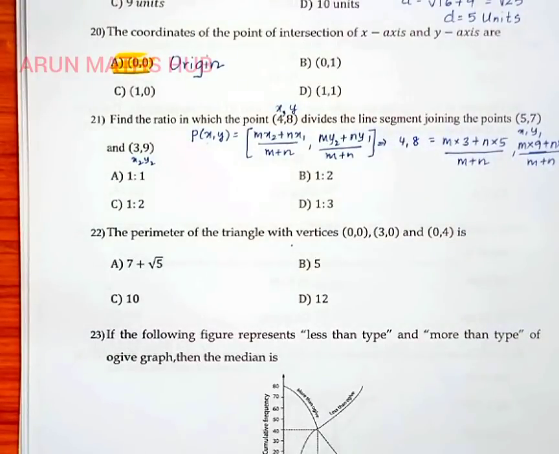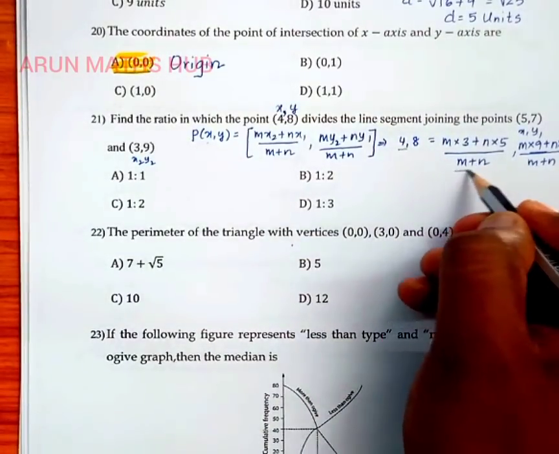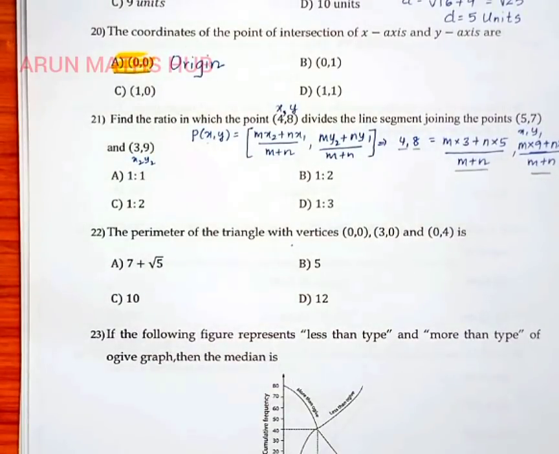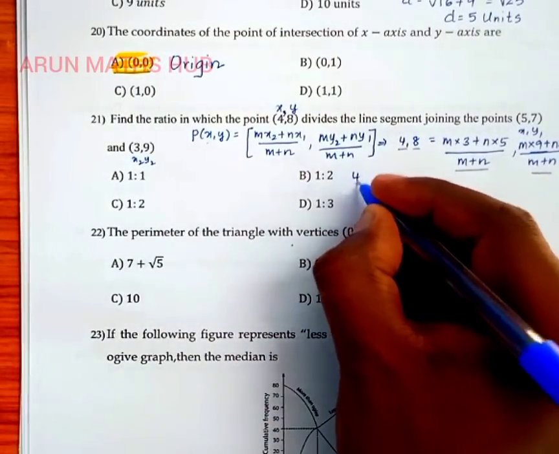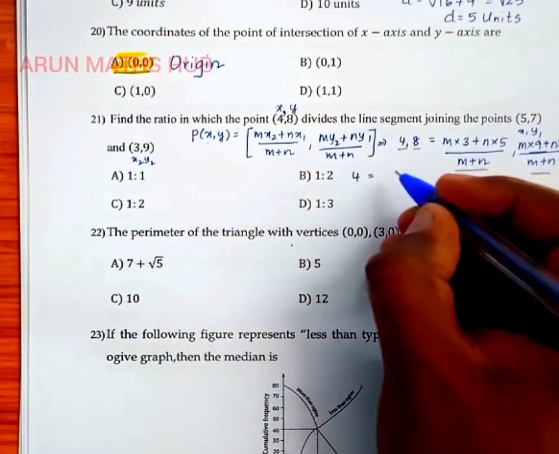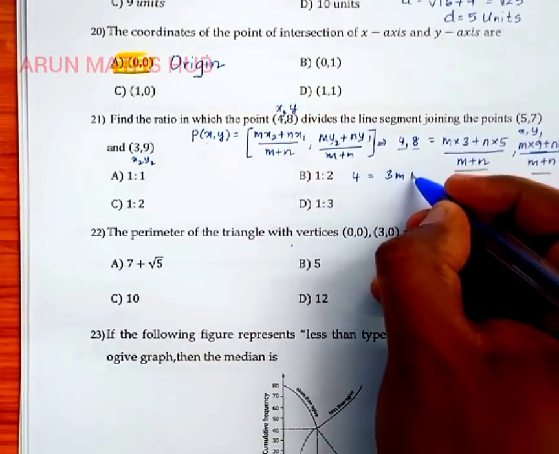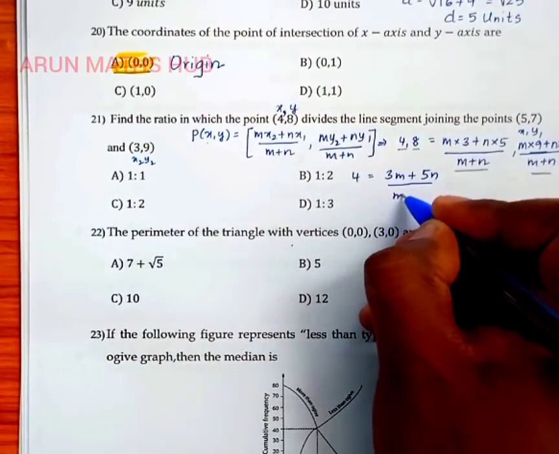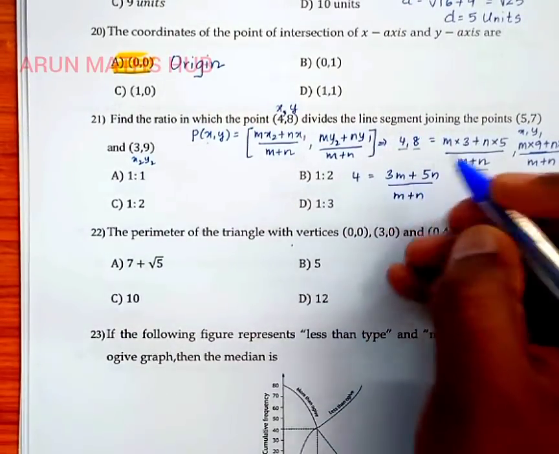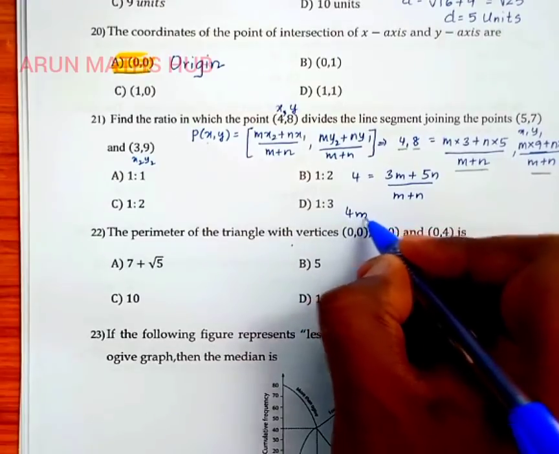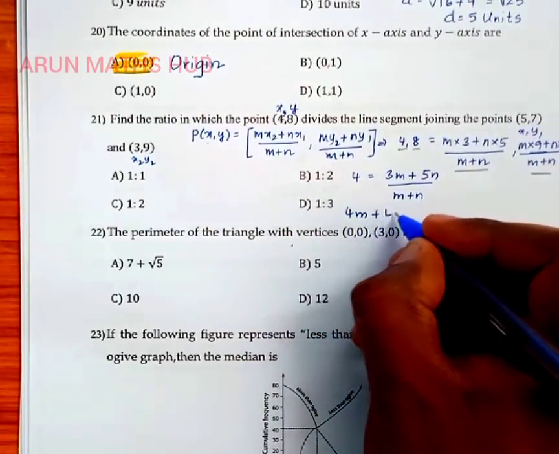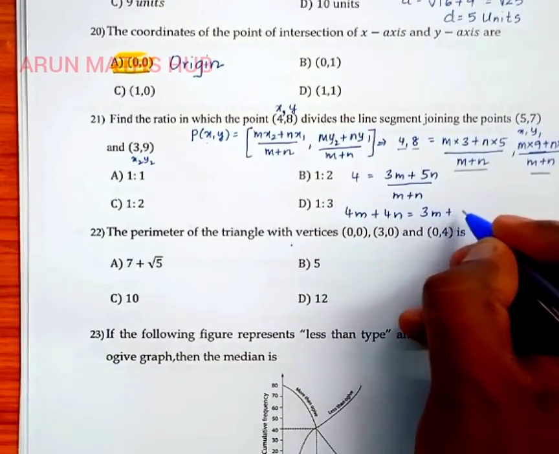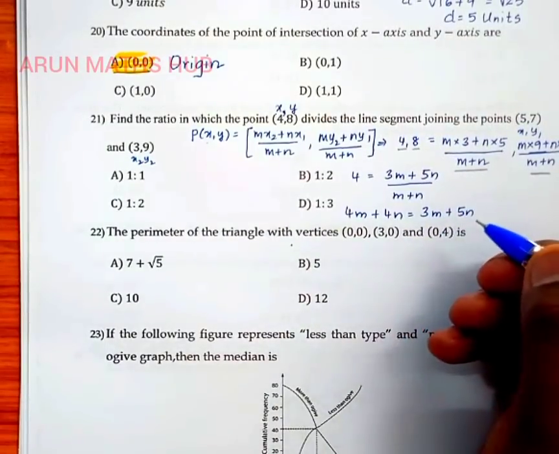Now students, equate the x coordinate with the x coordinate, or the y coordinate with the y coordinate, to find out the ratio. I will equate the x coordinate: 4 equals 3m plus 5n divided by m plus n. Now cross multiply: 4 into m is 4m, plus 4 times n is 4n, which is equal to 3m plus 5n.